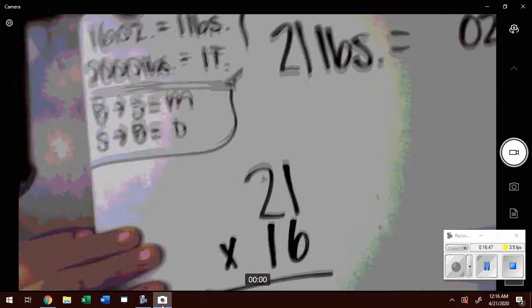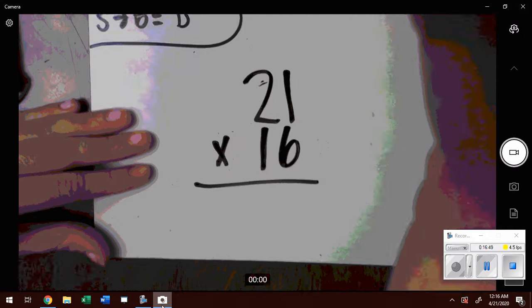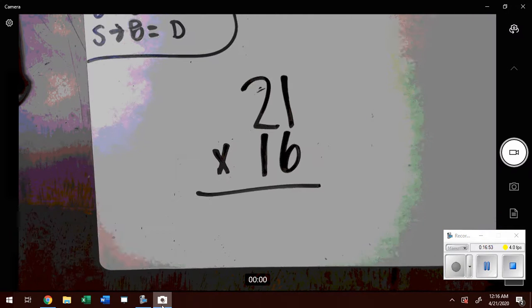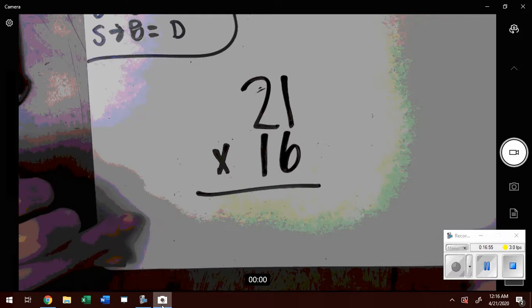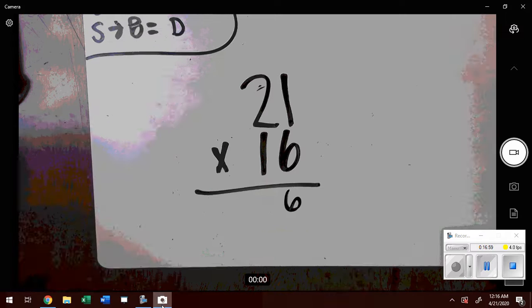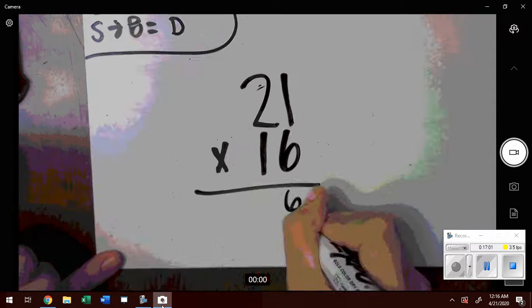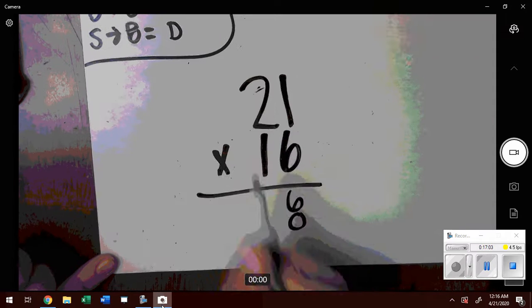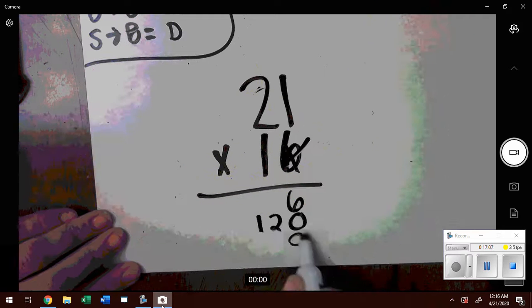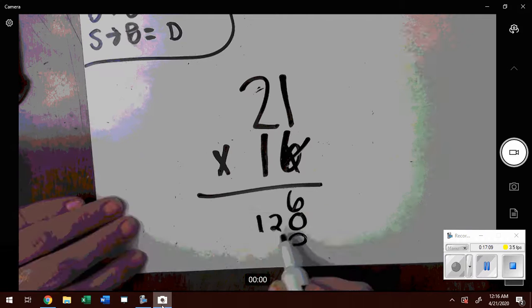I'm going to use the expanded algorithm to solve this. Again, to review multiplication. So, multiply my ones. 6 times 1 is 6. Drop my 0. 6 times 2 is 12. Drop my 0. 1 times 1 is 1.